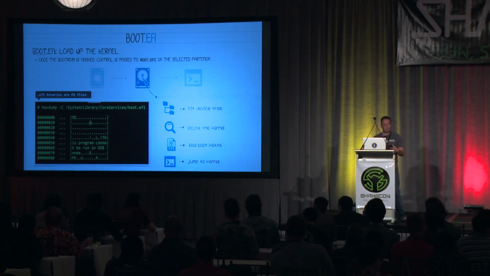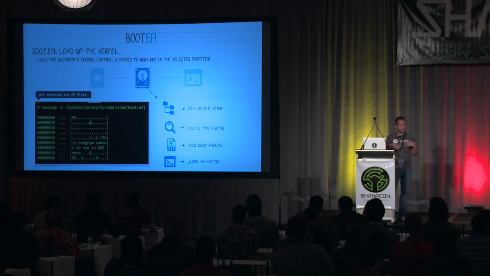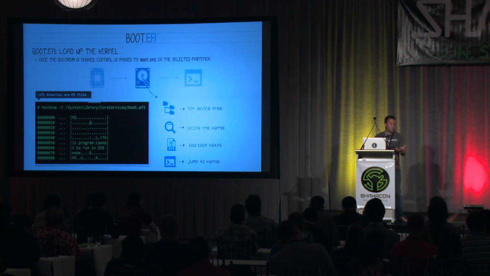It also loads and maps the kernel into memory, and then finally jumps to the kernel to begin execution of OS X. It's interesting to note that at this point in the boot process, Macs can actually execute portable executable files, so EFI files or PE files, which are normally associated with Windows. So that's kind of neat.